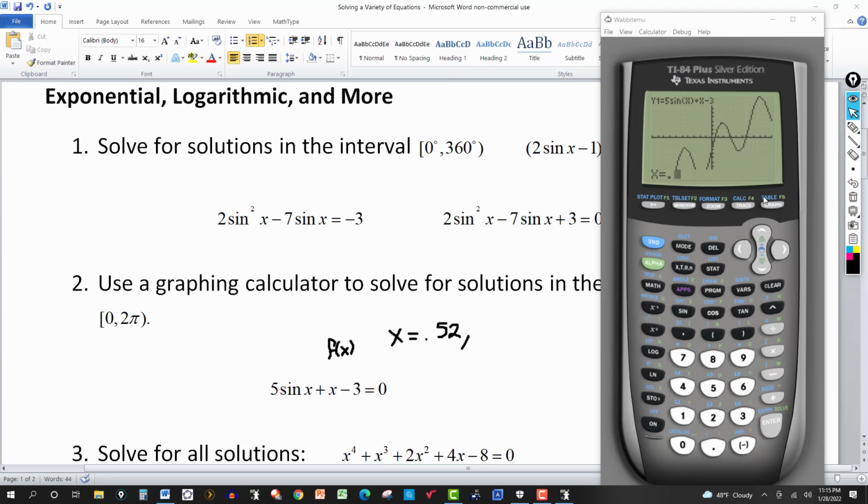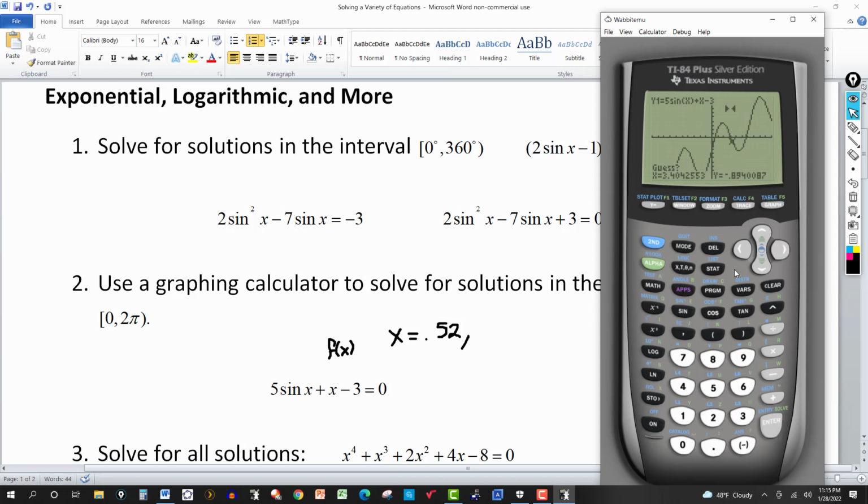And then we want another one. So I hit second, trace, again, calculate menu 2. Now I want the next one. So move the cursor just slightly to the left of that point where it crosses the x-axis. Hit enter. Now the right bound, so go past the point. Hit enter.